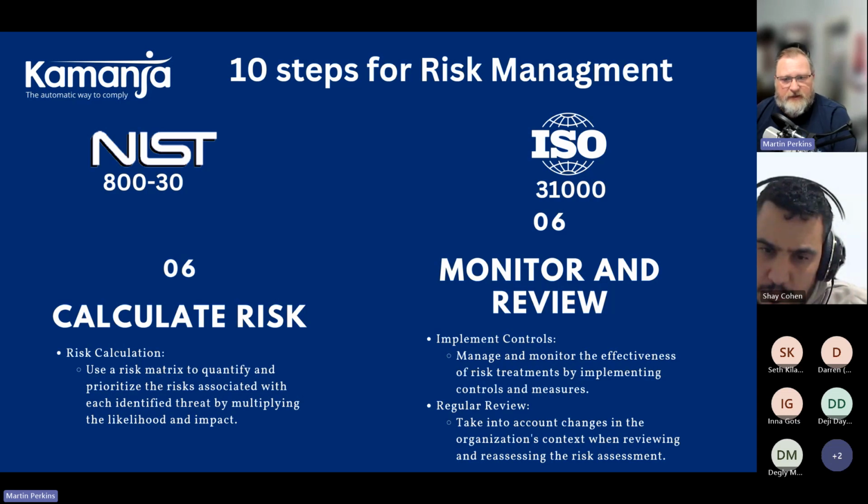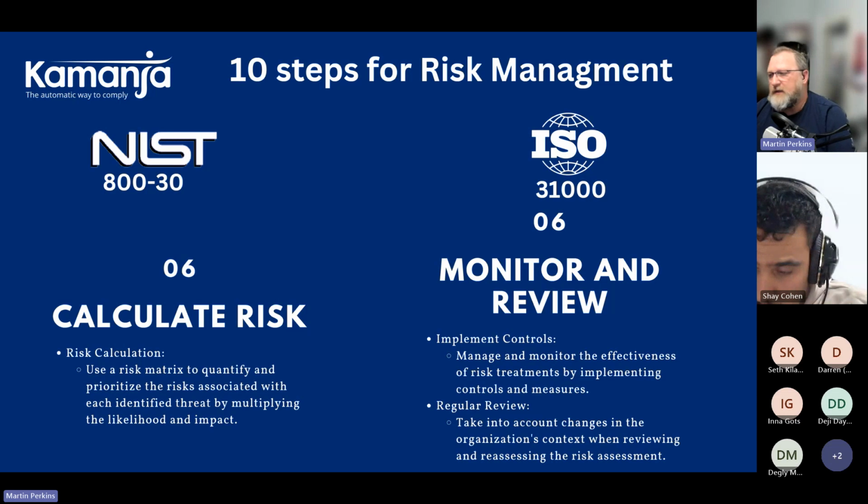You're checking to see whether it's having the desired effect, whether people are adhering to that policy. You set that access control policy, but nobody's really signing into the server room when they should be. But you're checking the cameras to see if the logs match up with the number of people going in and out, that kind of thing. So that's the regular review where a lot of that comes into play.